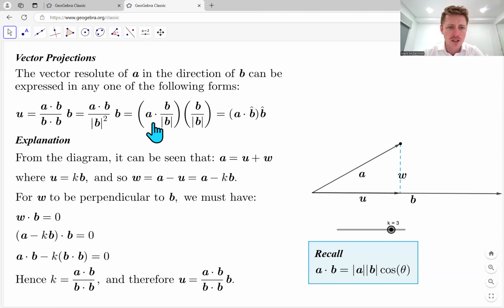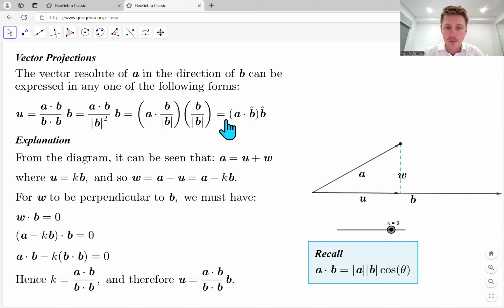Then these are just further rearrangements. If we separate things a little bit, we could rewrite this in this form. Hopefully you can see that just by breaking up the denominator. That hopefully checks out.